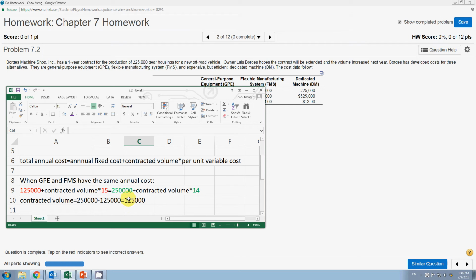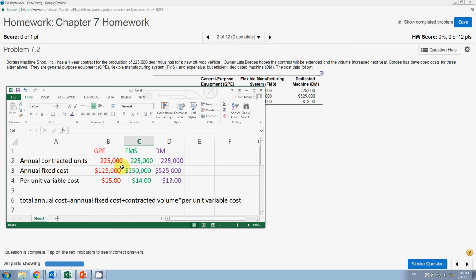But if the volume is greater than this value, it's better to use the second option, which is the FMS, because the second option has a lower variable cost. Okay, so that's the break-even point for the first two options.